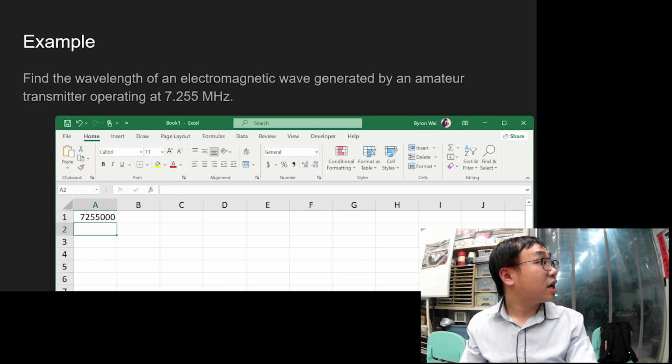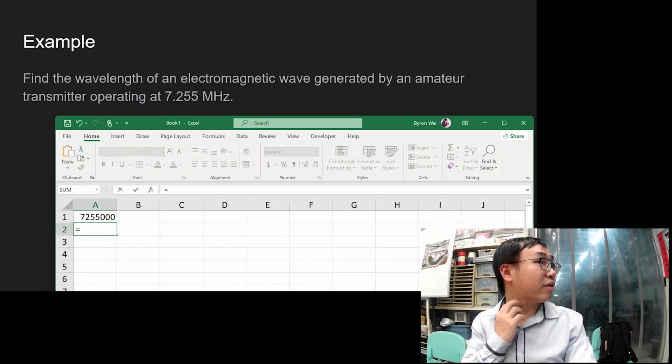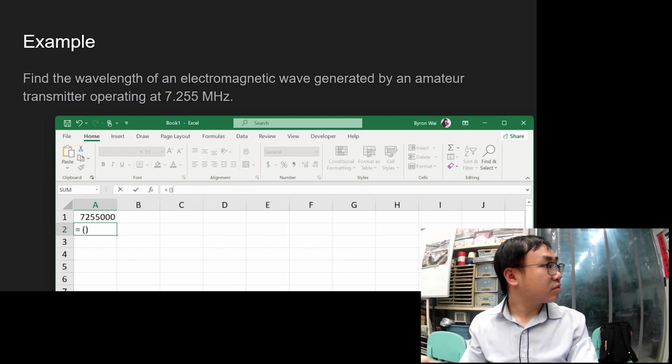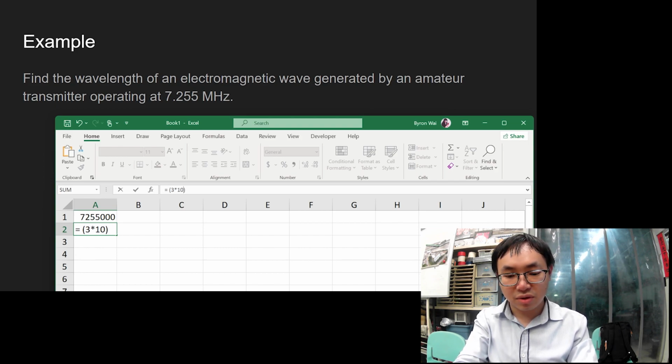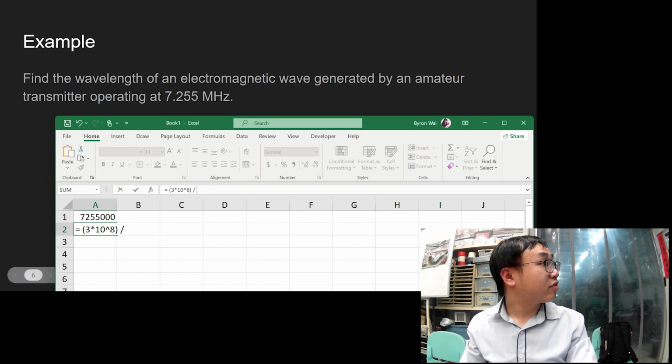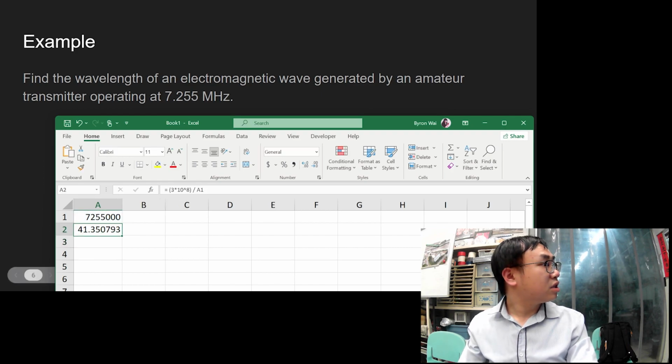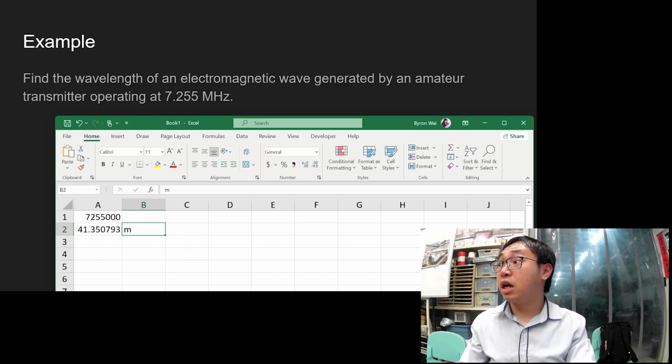So we know the speed of light is 3 times 10 to the power 8 divided by the frequency. So the answer is 41.35 in meter.